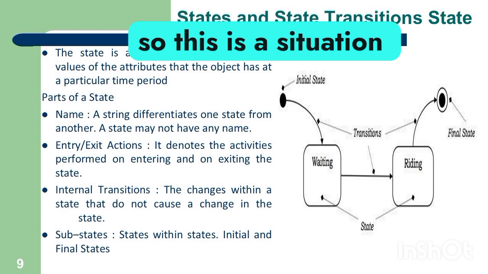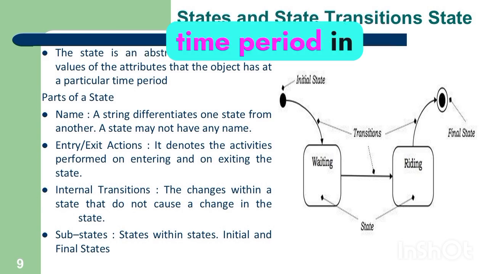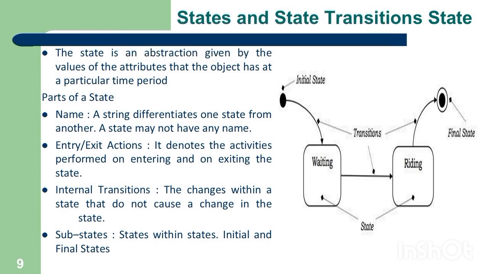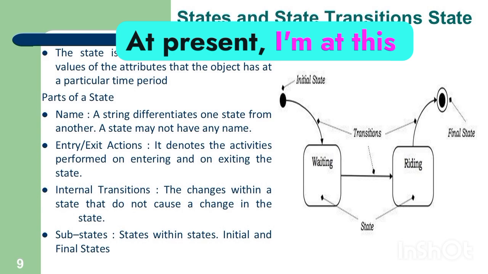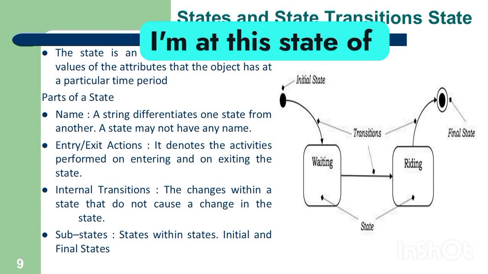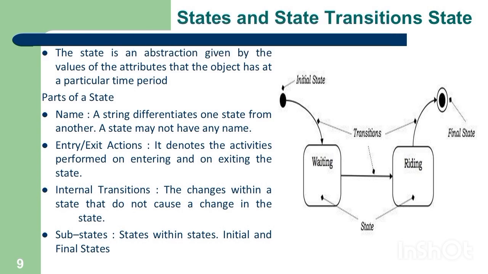It is a situation occurring for a finite time period. In the lifetime of an object, every object has its own state. At present, I'm at this state of delivering these lectures.